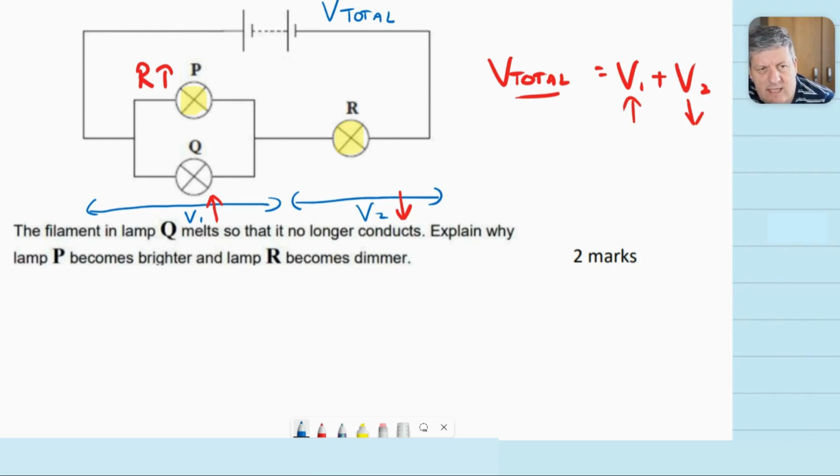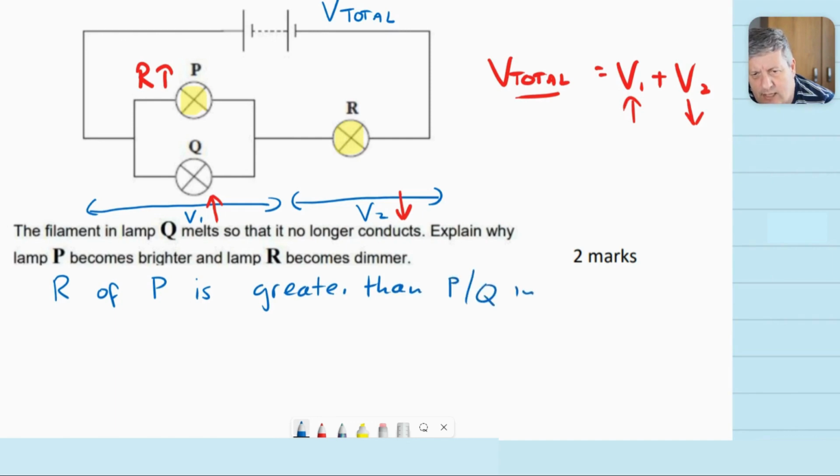So first thing to say here is that the resistance of P is greater than P and Q in parallel. That will be a mark for just saying that.